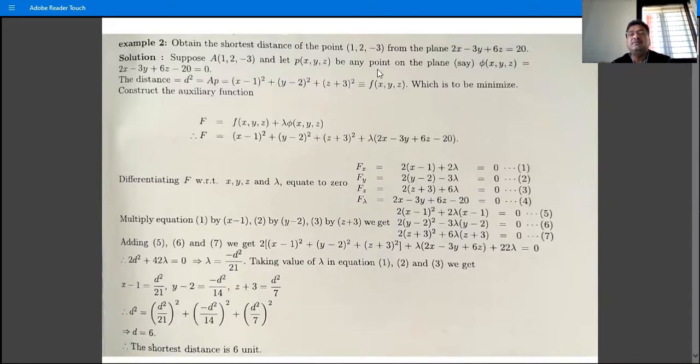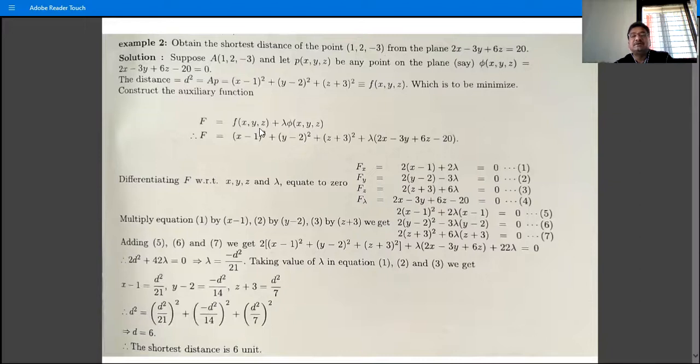We have to find the value of x, y, z for which this function f(x, y, z) is minimum. Actually we have to make d minimum, but if we find the value of x, y, z for which d square is minimum, then automatically d is minimum.